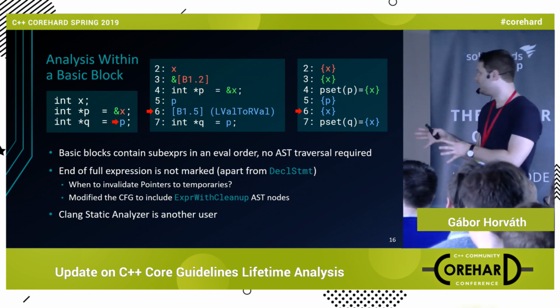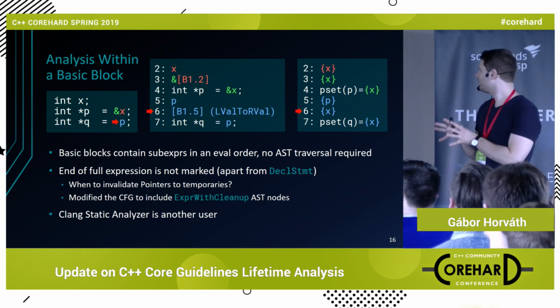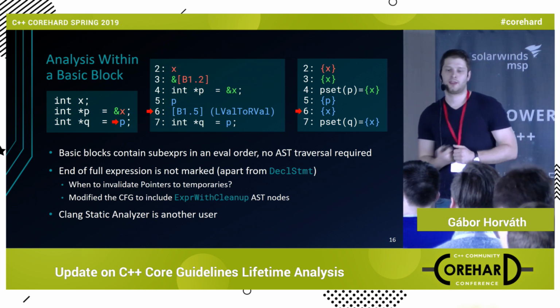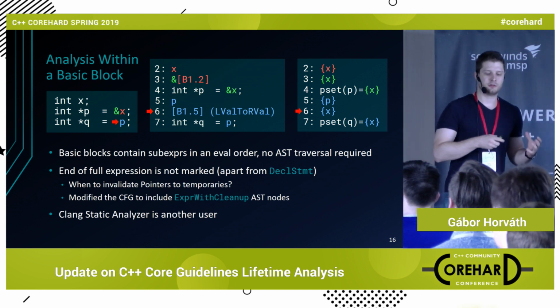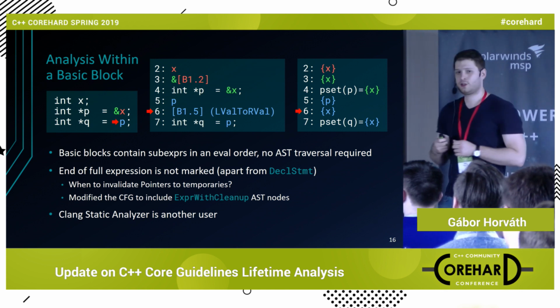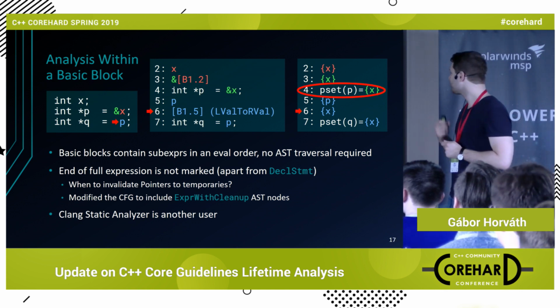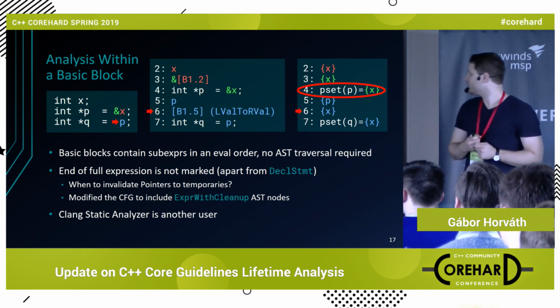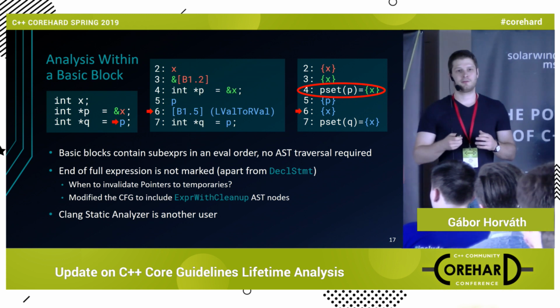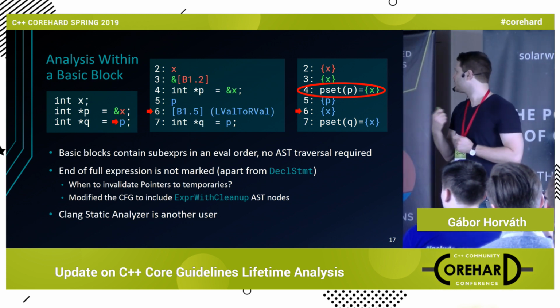We cast the p L value to an R value, and during this L value to R value cast, we need to do a lookup basically, and we look up in the maps we have where p pointed to.